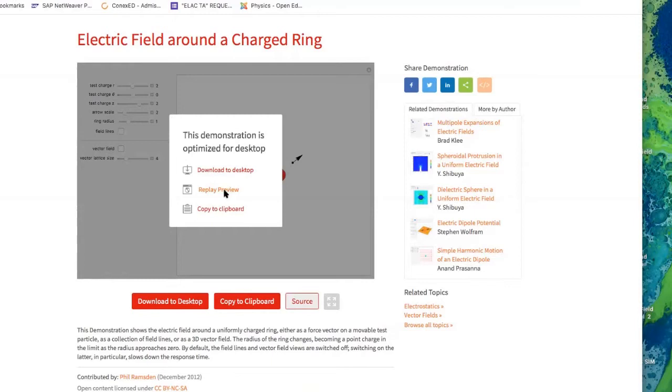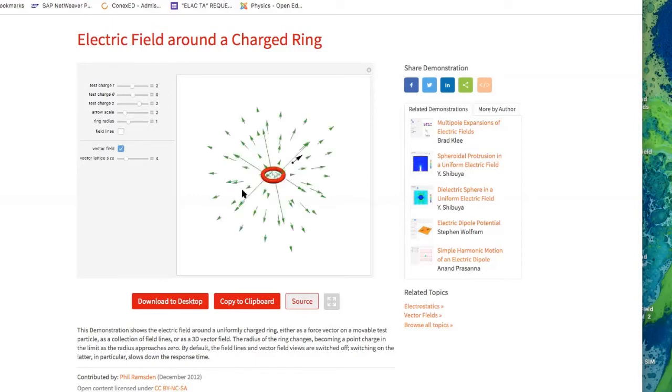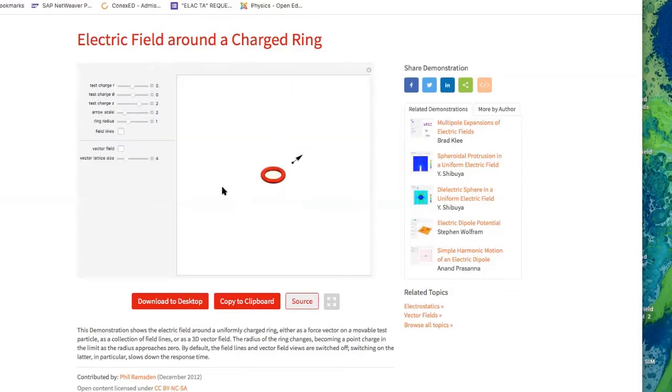You play preview. You see, at any point, including the center axis. Oh, there you go. Give it to us. Yeah. You see, I'm only doing the center axis.